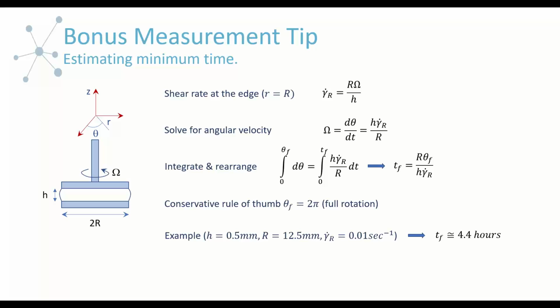I point this out because a lot of times we'll see people wanting to do measurements in this range for a couple of minutes, 1 minute, 2 minutes, and then they want it to be done. But you can see that that is not going to be adequate and not going to give you the best data. Now, when I say that you need to do a full rotation, oftentimes in practice you can cut this down to half of that or even a quarter of that.